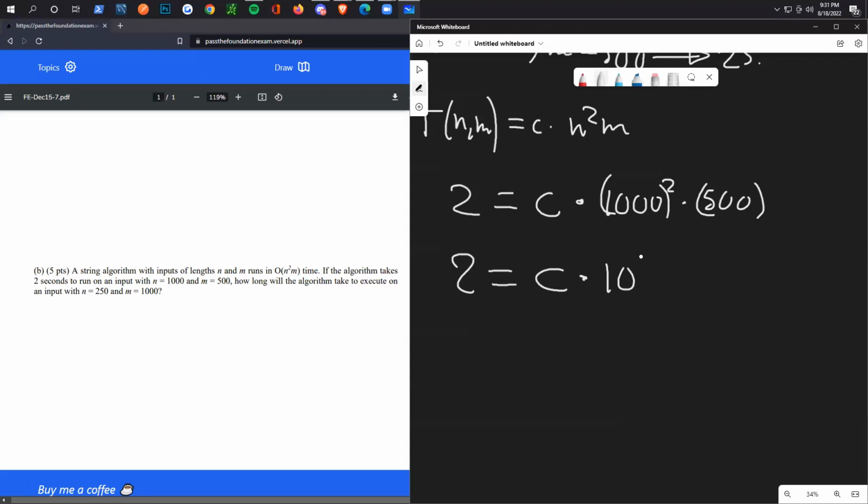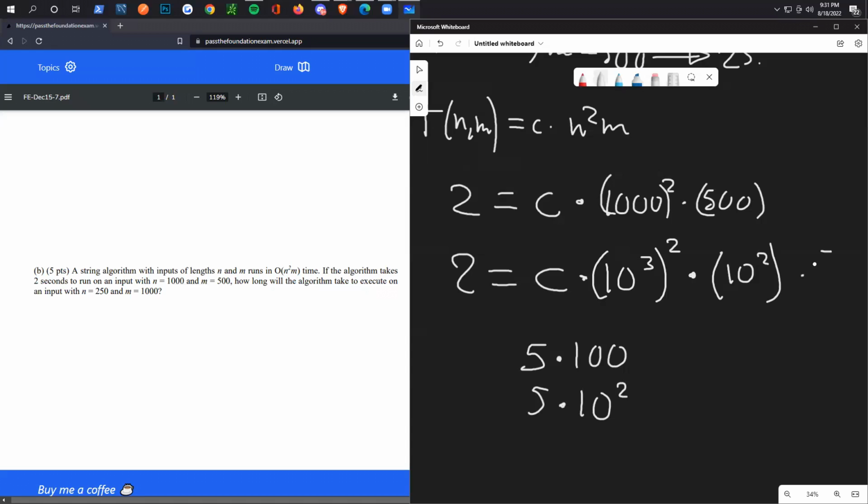Now we have 10 to the 3, squared, times, and then now we have 500. If we think about it, 500 is really 5 times 100. And 5 times 100 is equal to 5 times 10 to the 2. This is a different way of writing the same exact thing. So we can think of this as 10 to the 2 times 5.